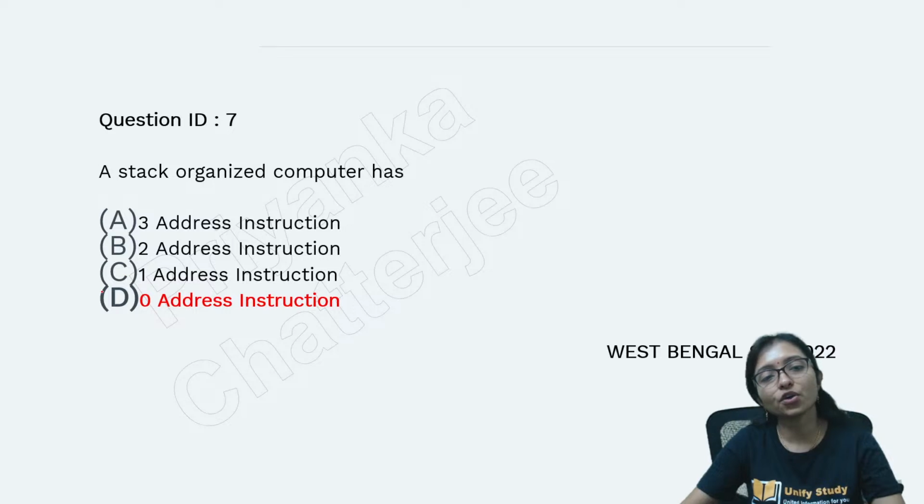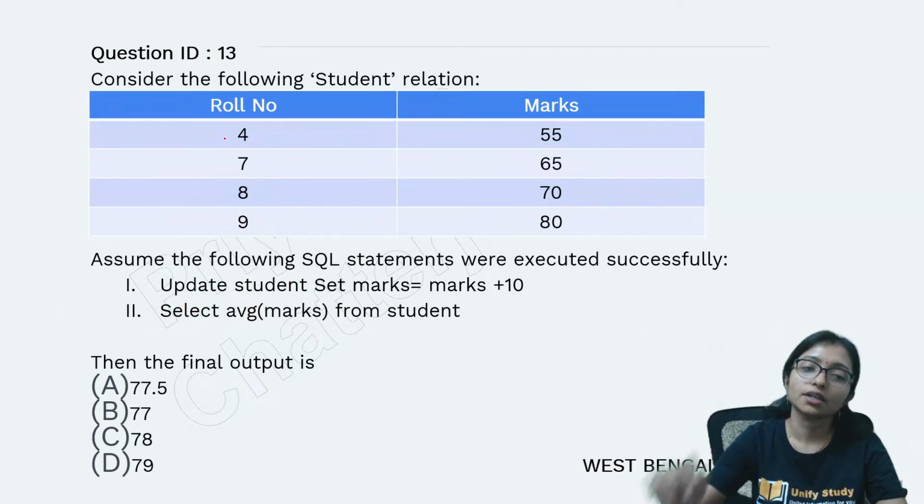Definitely this is zero address instruction. Stack organized is definitely zero address instruction. There are different types: zero address, one address, two address and three address, but stack organized is zero address instruction.